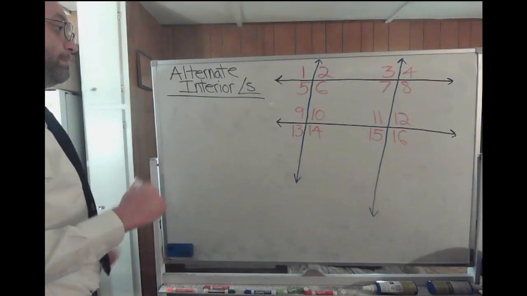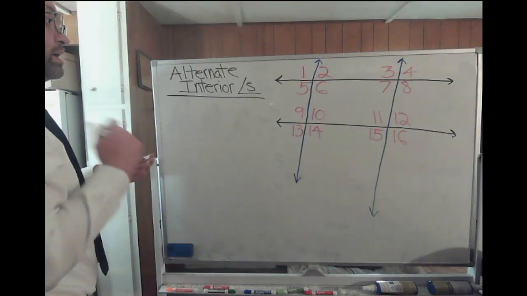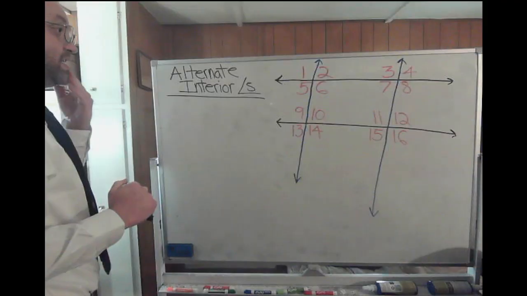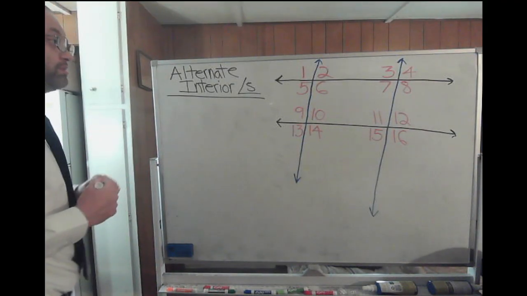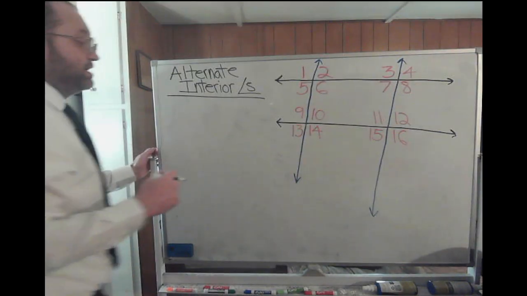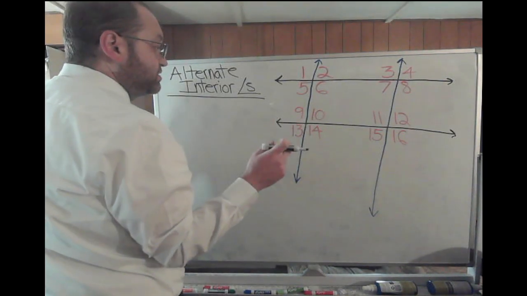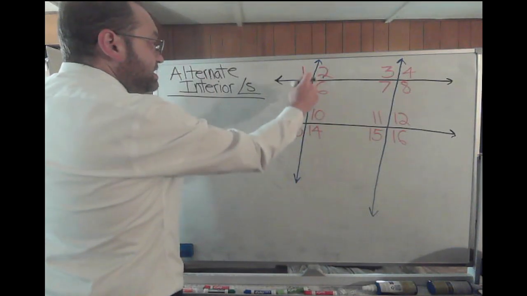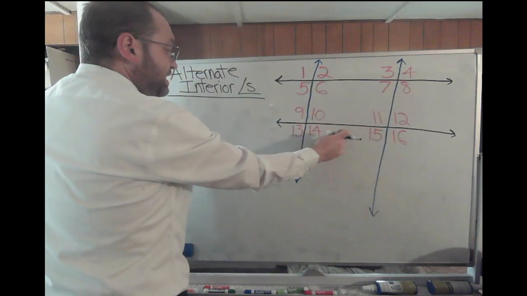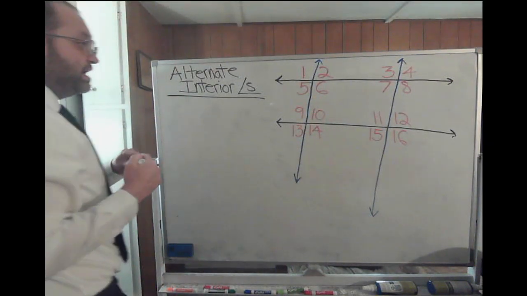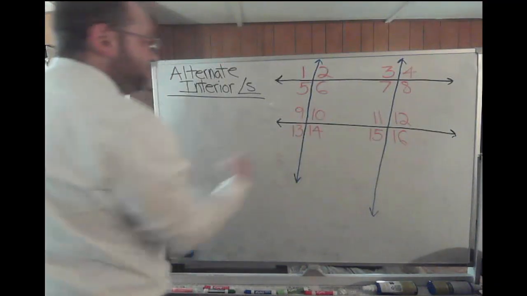Okay, so let's go ahead now and deal with our alternate interior angles. Alternate interior, you can think of it like they alternate. So if you just look at the two black lines here and just the one blue line, only consider the one blue line, what you have now is 5 and 10.